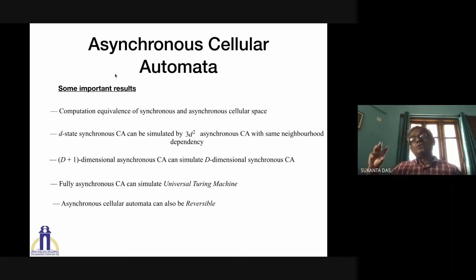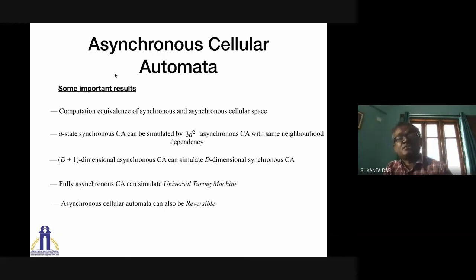Bijective means from one configuration you can go backward, so backward transition is possible. We call it time reversal. Evolution means from one configuration you come to the next configuration, so time is moving forward, but here it is as if time is moving backward. So time reversal, that's the meaning of reversibility.